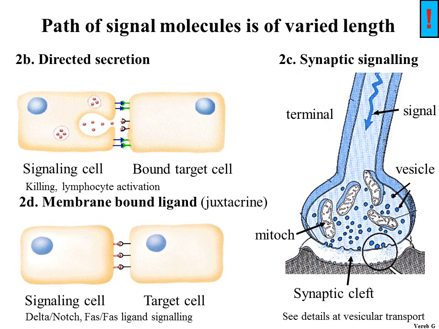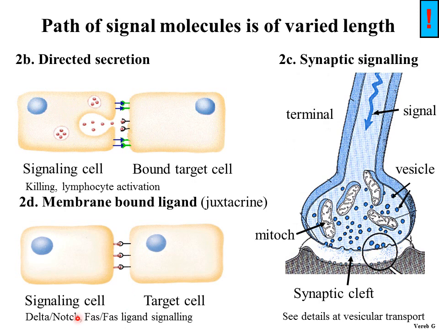Finally, as the last subcase, I wish to mention the case of the membrane-bound ligand. This is also called juxtacrine or contact-dependent signaling. It's called contact-dependent because the signaling cell and the target cell need to be in each other's contact, neighboring each other, because the signaling cell expresses the ligand as a membrane-bound molecule, and the receptor on the target cell of course is membrane bound, so the two cells should be touching each other for the signaling to occur.